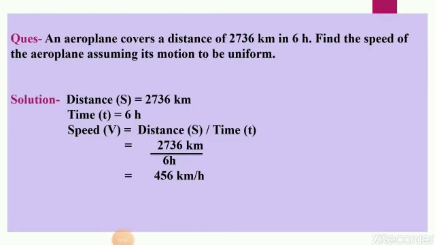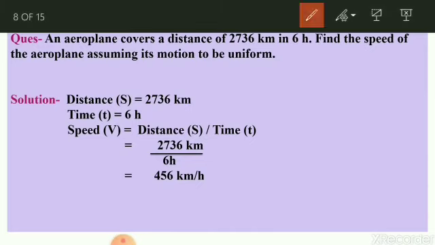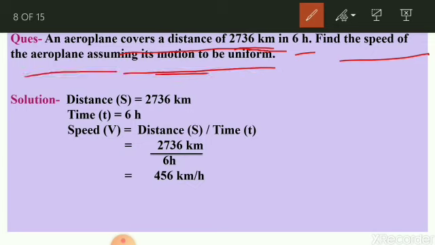Now students, we will see some numerical problems based on speed, distance and time. One numerical problem is that an aeroplane covers a distance of 2736 kilometers in 6 hours. We have to find the speed of the aeroplane, and we can assume that its motion is uniform.